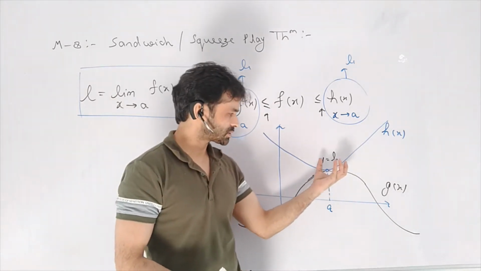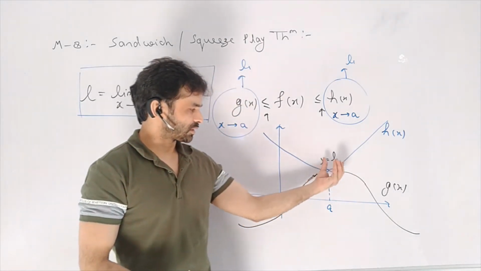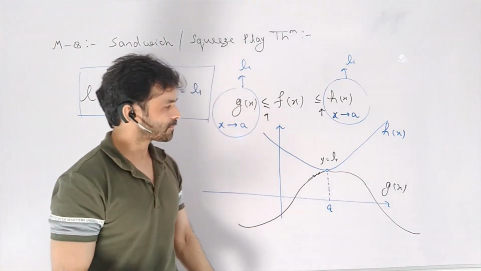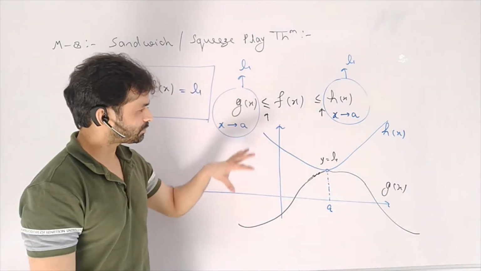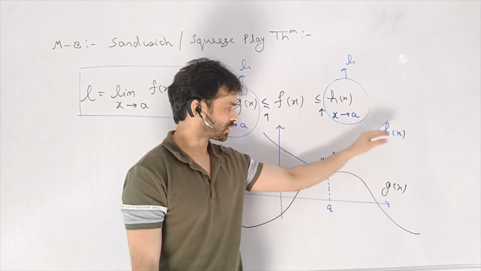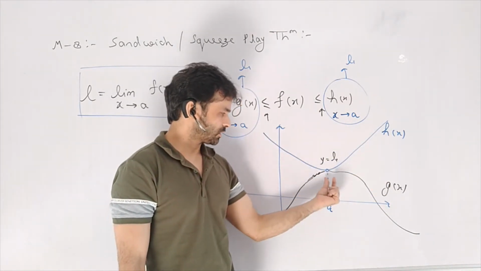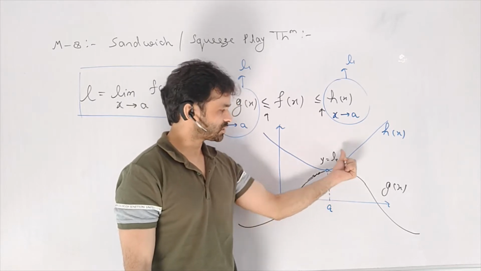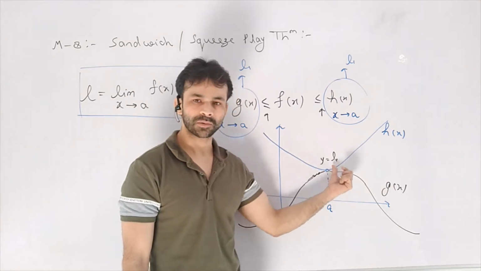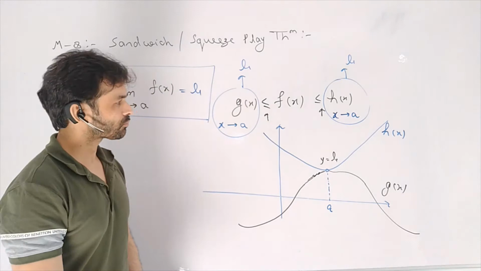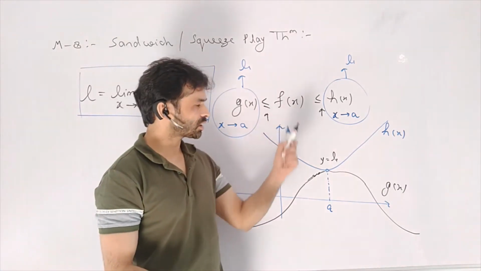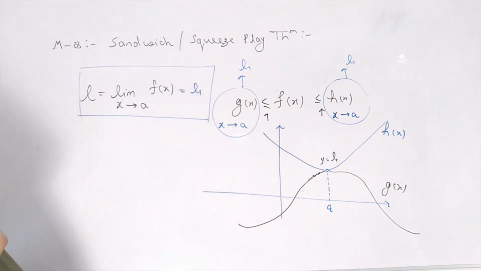So this is g(x), and the graph can be like this, below h(x) at any point. And at this point, the limit of g(x) and the limit of h(x) both have the value L1. This is the situation.